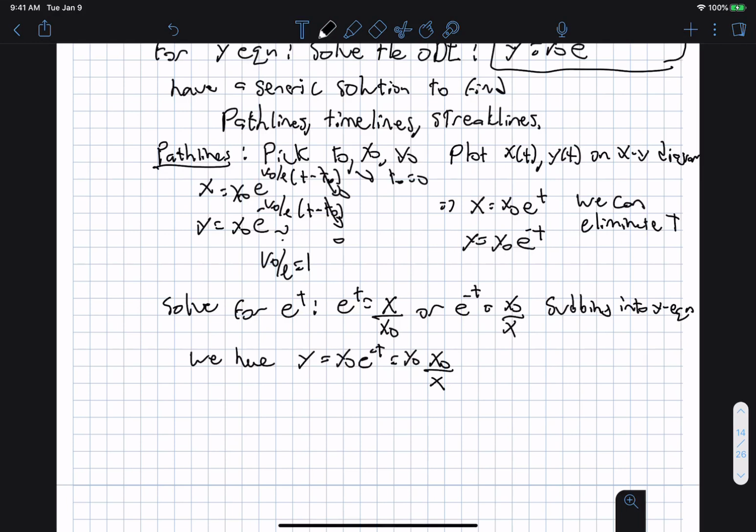Or xy equals x naught y naught. Same as streamline. So it was the same result as the streamline.